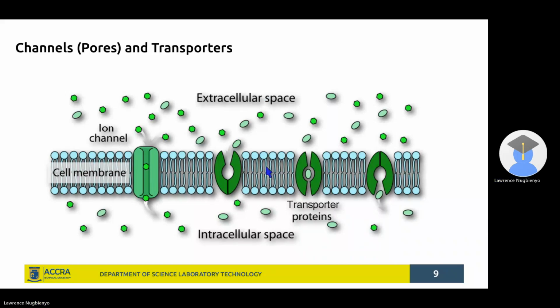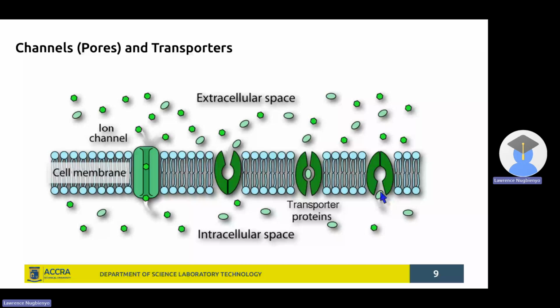Once that substance gets into the transporter protein through that opening, the transporter protein begins to close to the outside, whilst the inside opens. In the end, the transporter protein closes at the extracellular space while opening at the intracellular space to allow that substance to move into the cell.